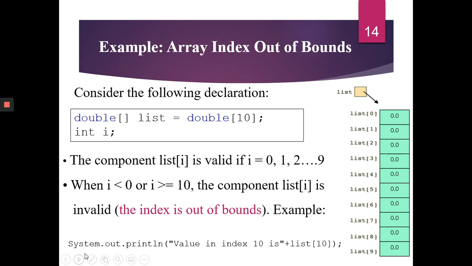But if suddenly you would like to print out the value at index 10, list index 10 is not available here. That is why you are going to get an error. The index is out of bounds.